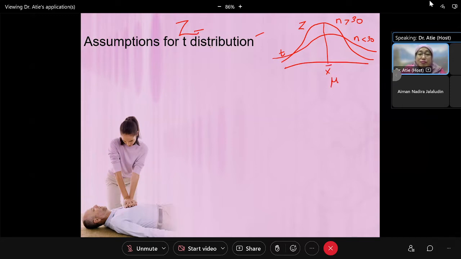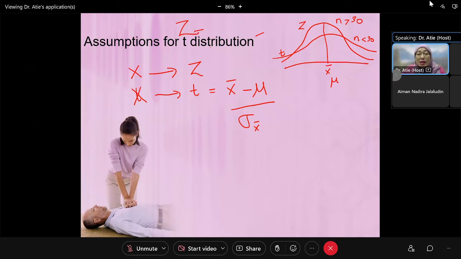In terms of shape, the t distribution also has a bell shape and is symmetric, just like the normal distribution. Before this, we converted X to the Z form, but now we convert X to T. The formula will be the same, but we use the information from the mean sampling distribution.